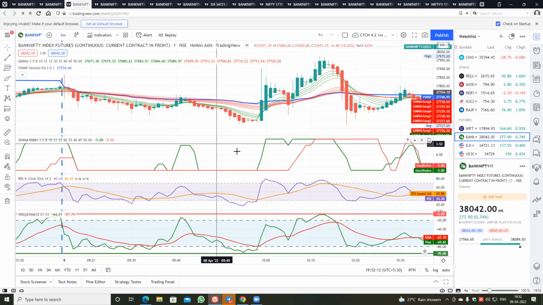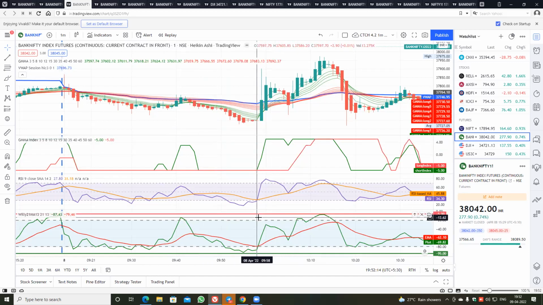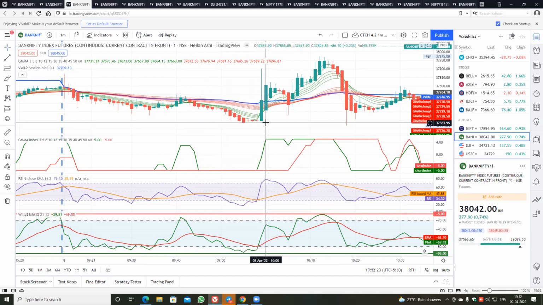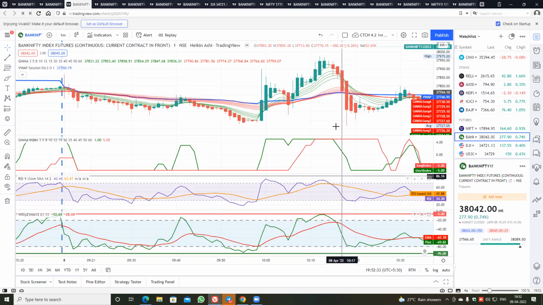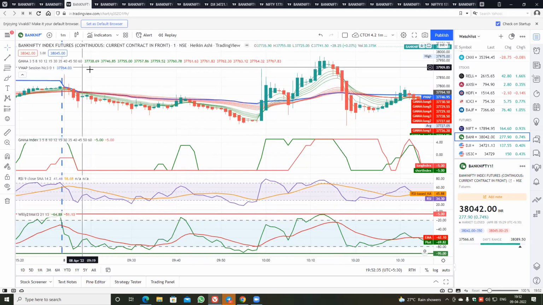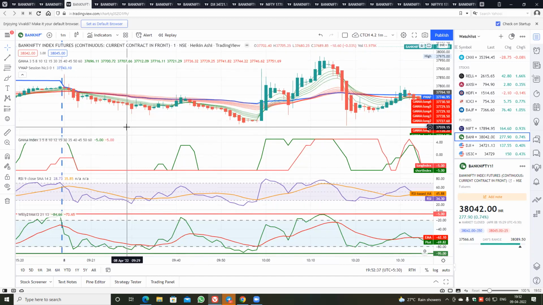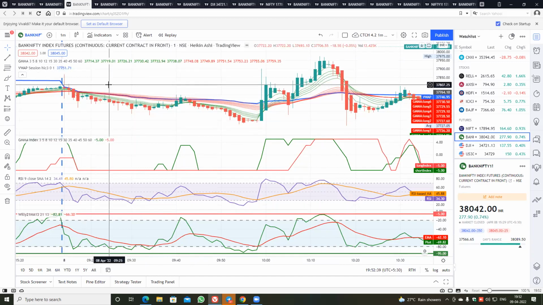So with Willy, you can see the crossover happen here. We will be looking for reversal trades here, buy side, and it went up like this to 95. He told that he ended here and exited somewhere here. So these are the indicators we are using for 4.2.